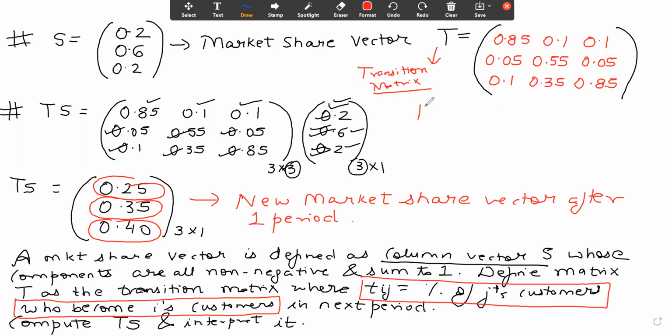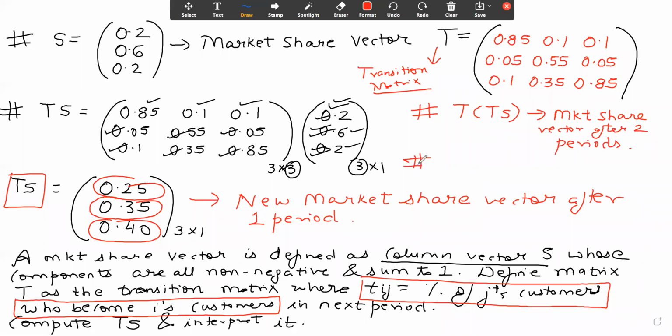Now, guys, if I multiply TS further with T, what is T into TS? This will give me the market share vector after two periods.